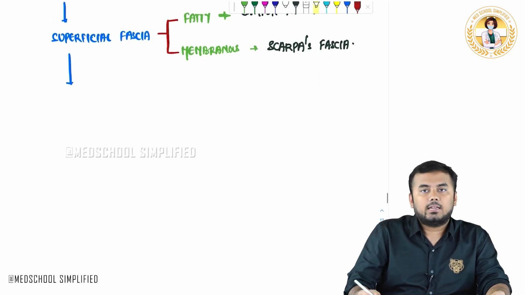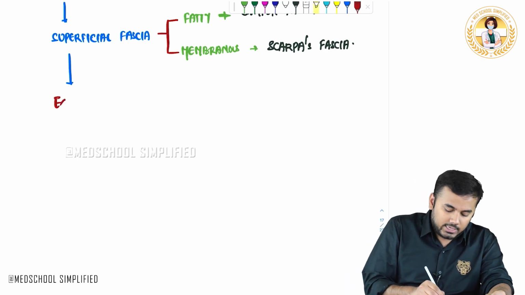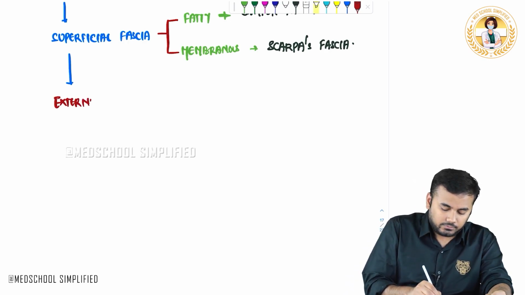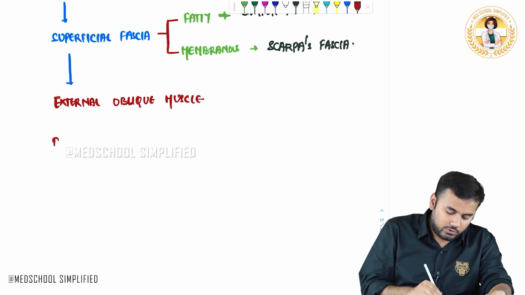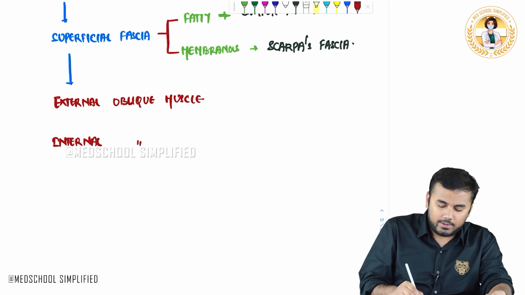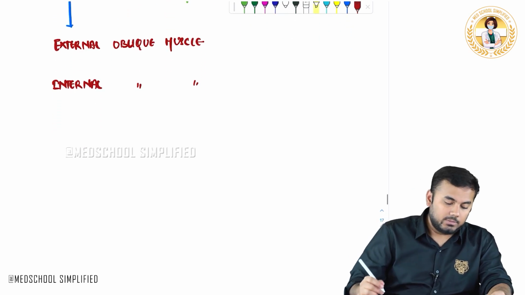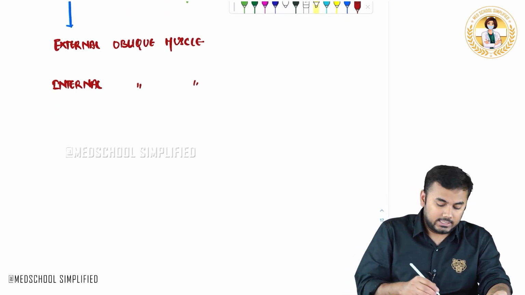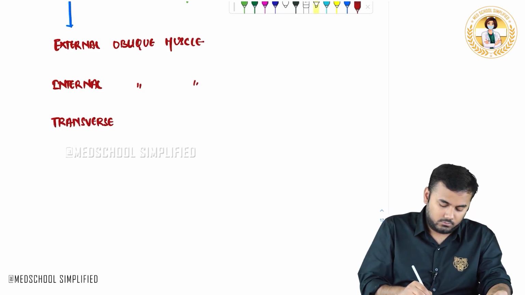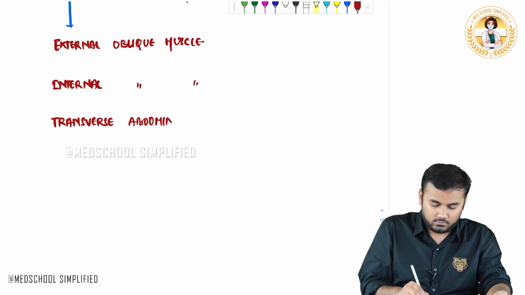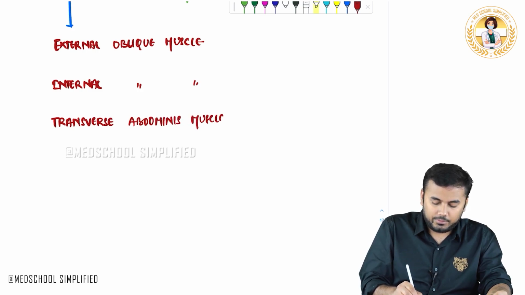So what are the muscles that are located? The first important muscle is the external oblique muscle. After the external oblique muscle, next you have the internal oblique muscle. After the internal oblique muscle, you have the transverse muscle, that is transversus abdominis.